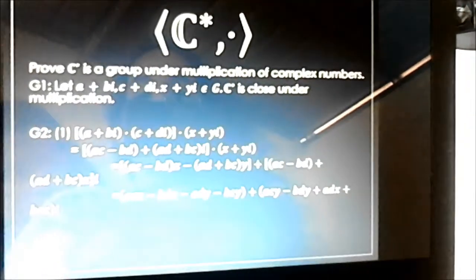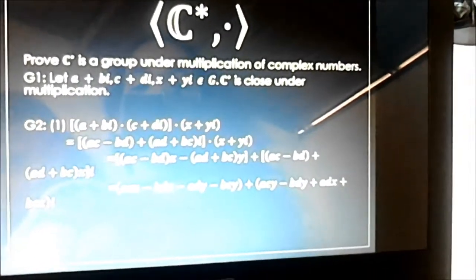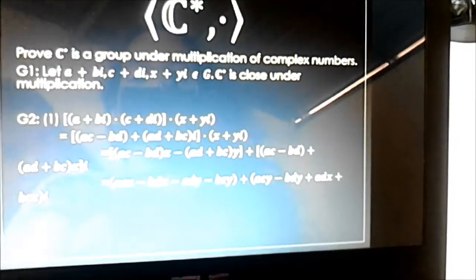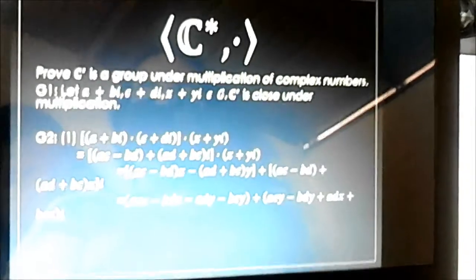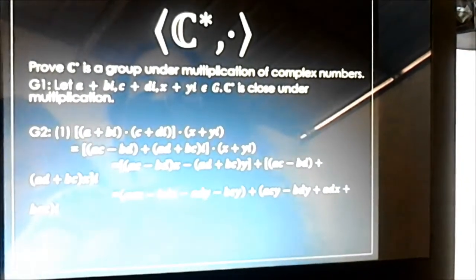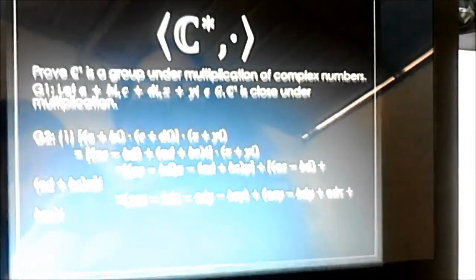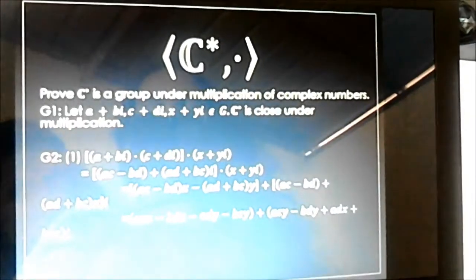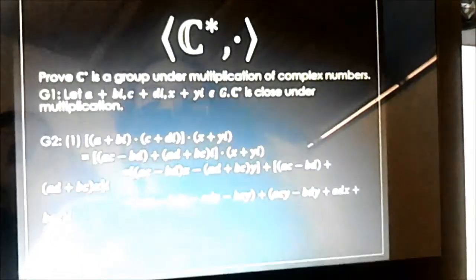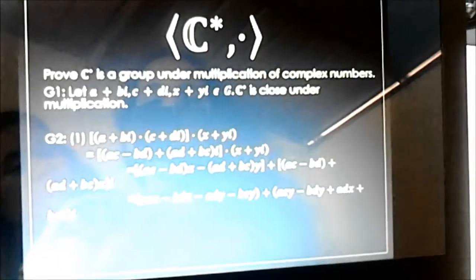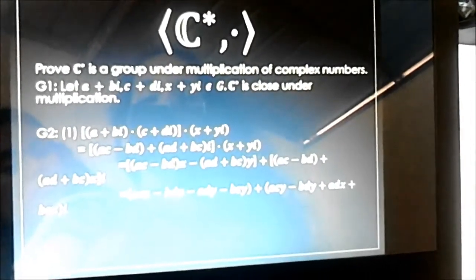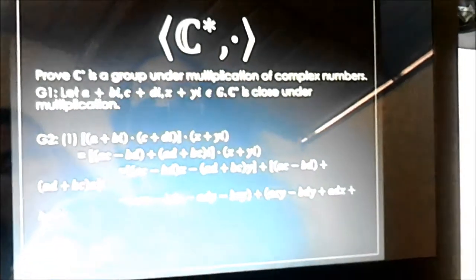Suppose (a plus bi) multiplied by (c plus di), multiplied by (x plus yi). It is equal to (ac minus bd plus (ad plus bc) i) multiplied by (x plus yi). We get that using the FOIL method, which is first, outer, inner, and last.